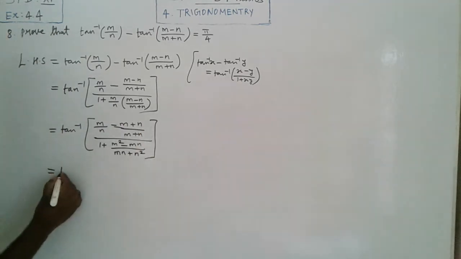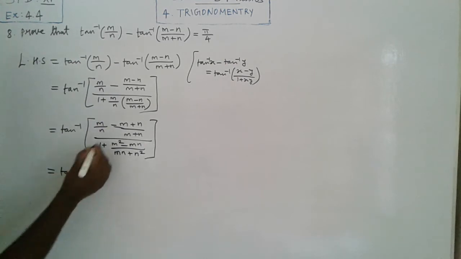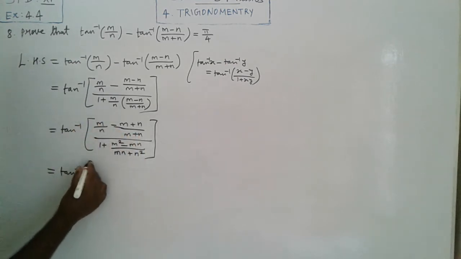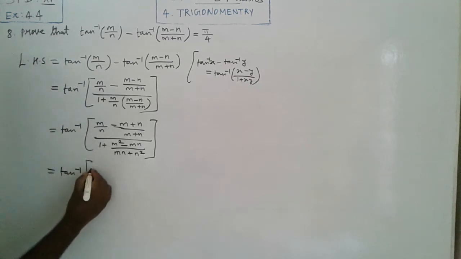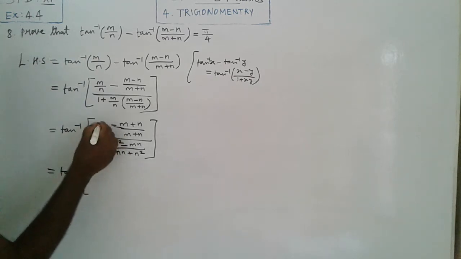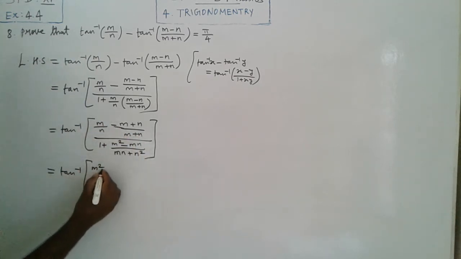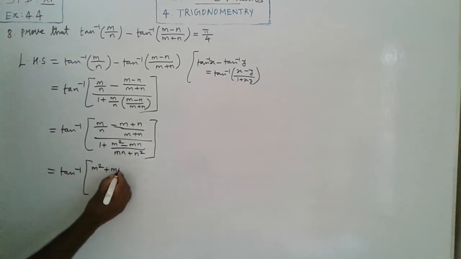That is equal to tan inverse. LCM, we should take a cross multiple here: m into m square, m into n is plus mn.